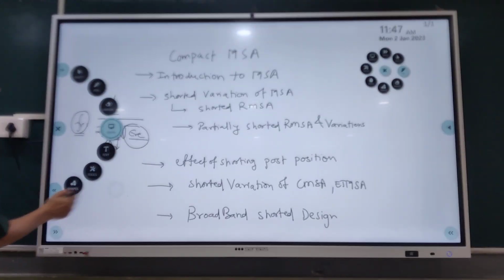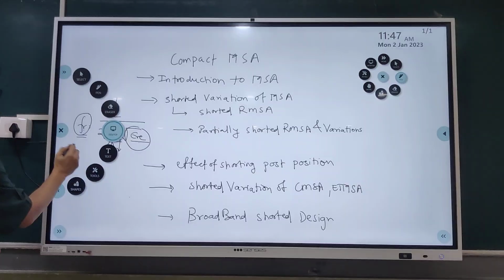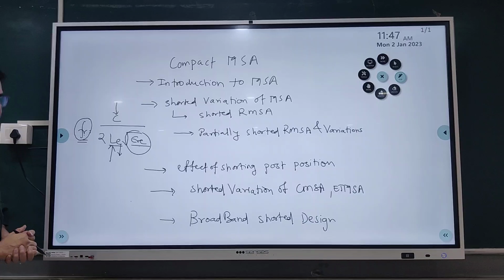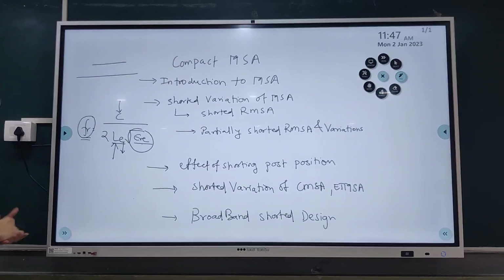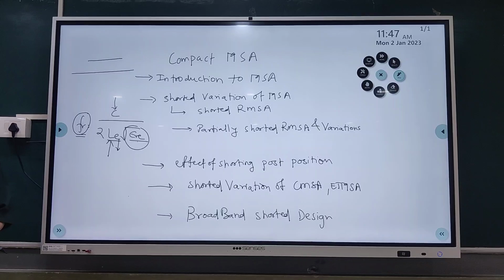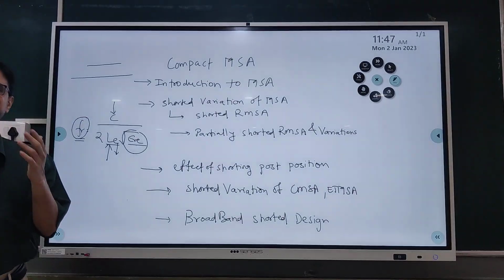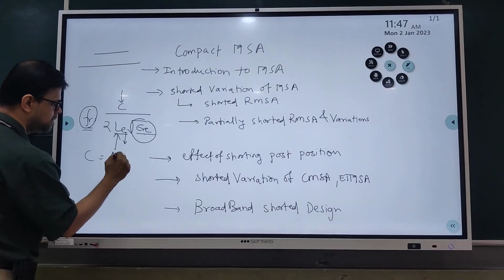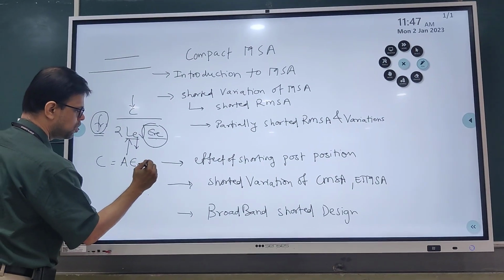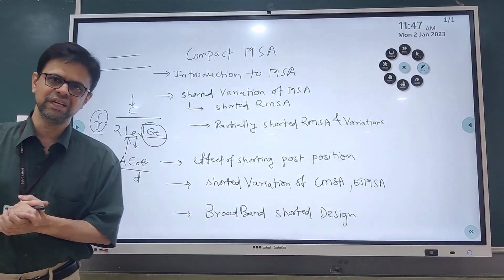See, now look at this equation. As everyone knows, in the microstrip antenna, this is the side view. I can really have the equivalence of a capacitor in this mode. See, what is the capacitance equation? It is A epsilon naught epsilon r by d. Now what exactly does the capacitance equation tell me?